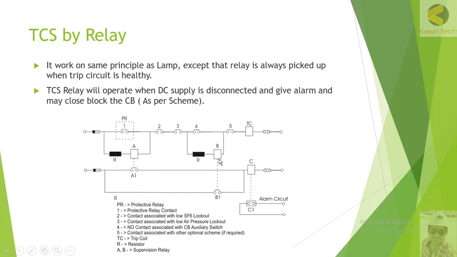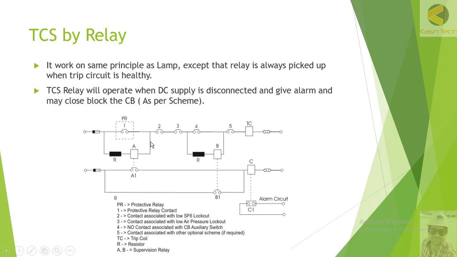So the coil B is bypassed in this case because it is short circuited. You can see the resistor and B are short circuited, and in that case this contact will be open. The negative will, in that case, go through TC from 4, 3 to 1 to A. It is reaching up to A, and solid positive is coming from this resistor to A.